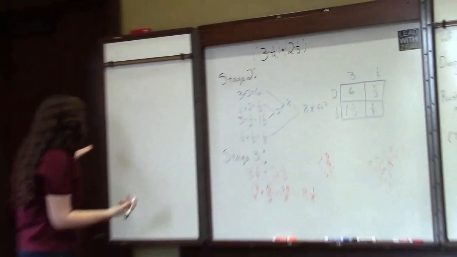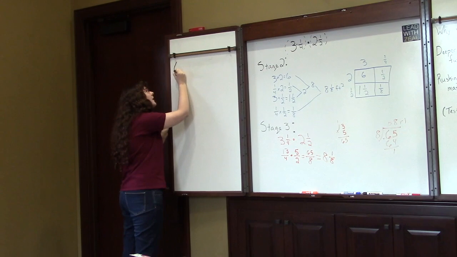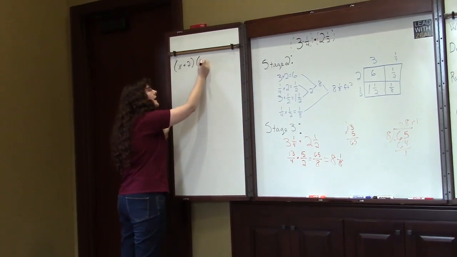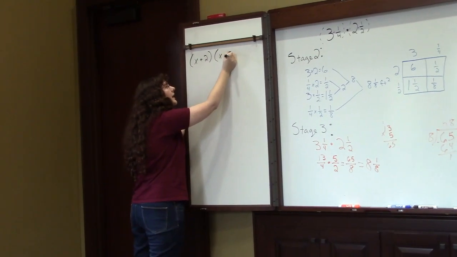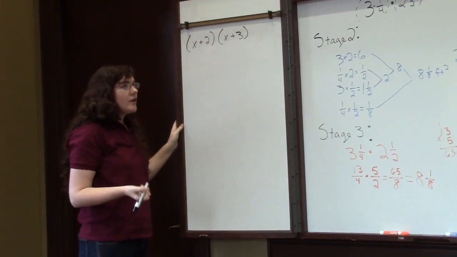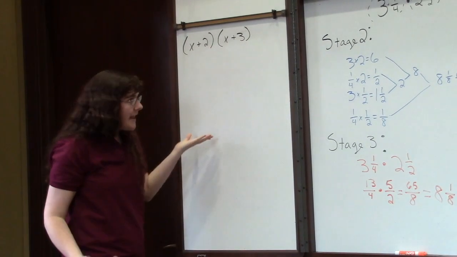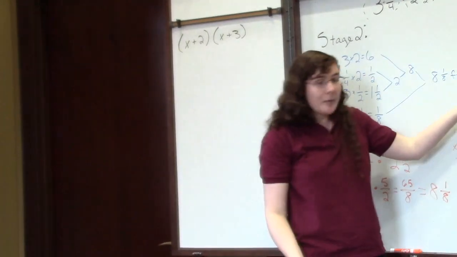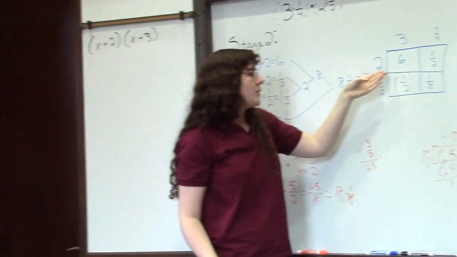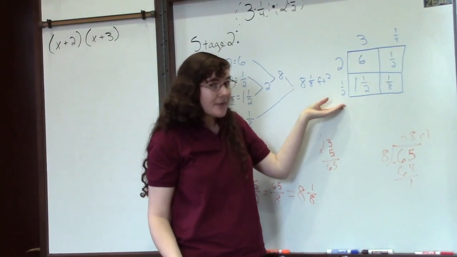And the method of solving this could be awfully similar to multiplying a 2-term by a 2-term, like say x plus 2 times x plus 3. They could use the exact same method that they had used over here by having 3 and a fourth multiplied by 2 and a half.